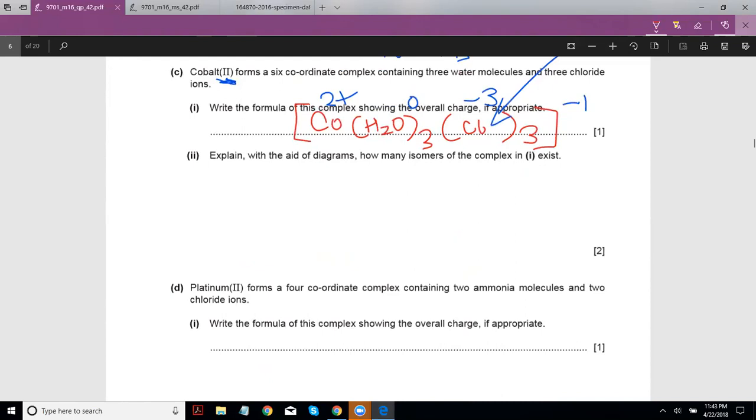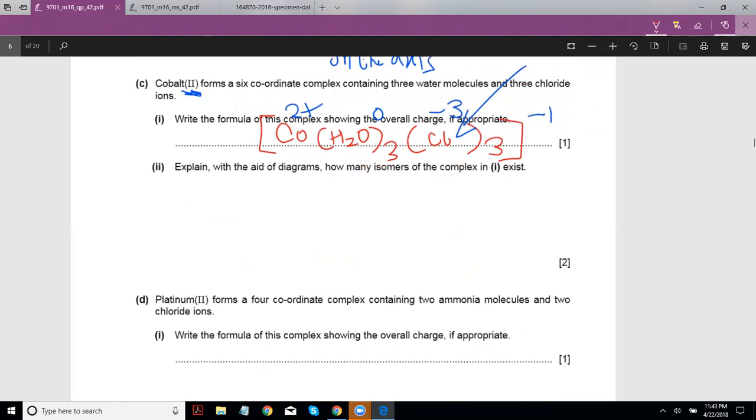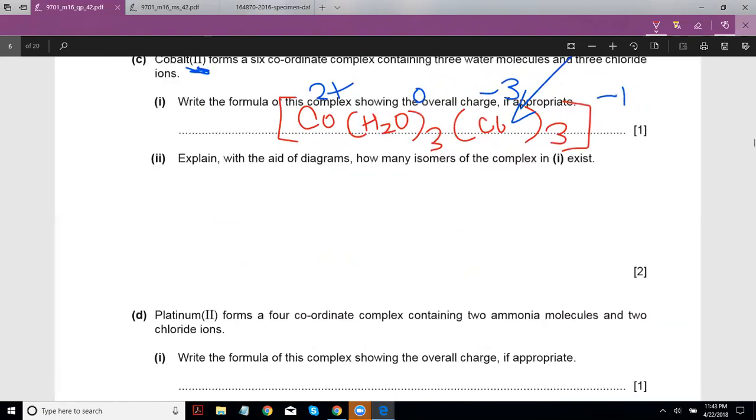Explain with the aid of diagrams how many isomers of the complex in one exist. So this is a tetrahedral complex, I believe. Sorry, octahedral complex. No, this is octahedral, because it has 6. And I guess there would be optical isomerism in this.